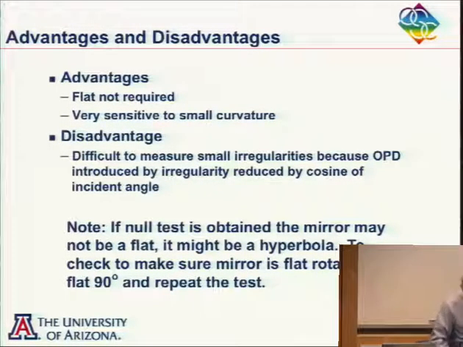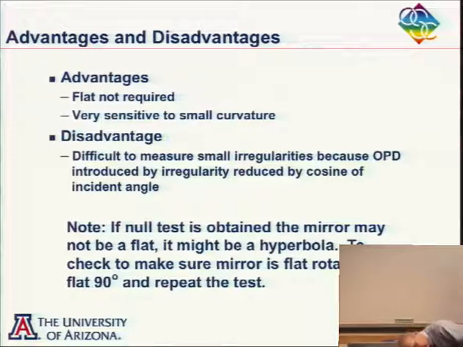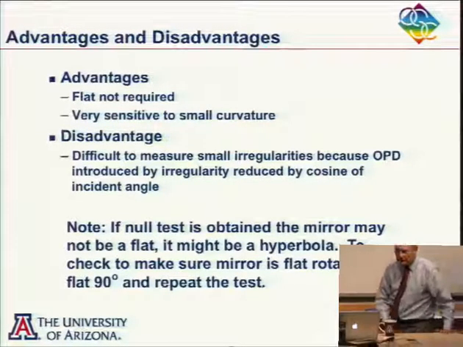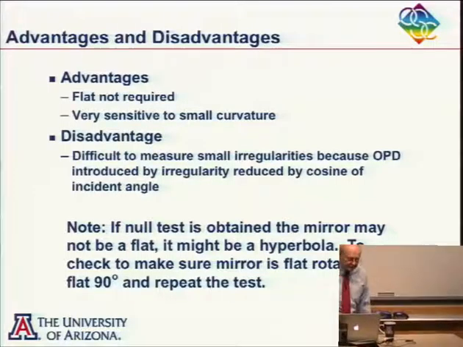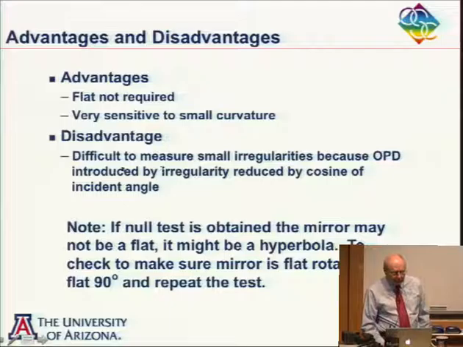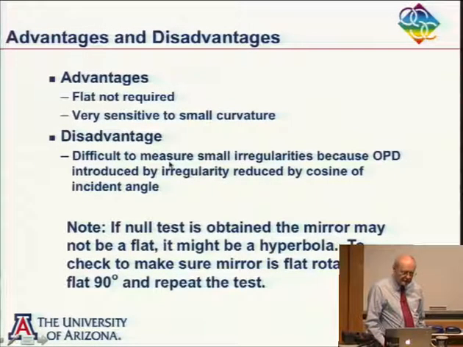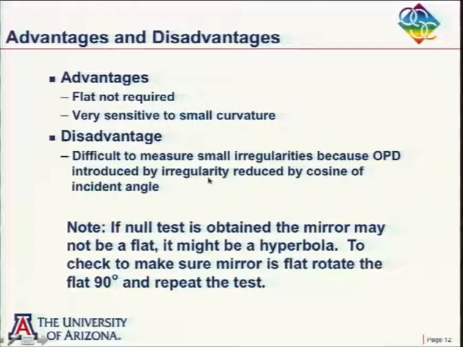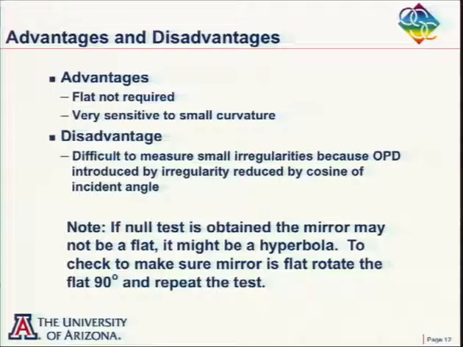If I look down here, that's a pretty rough surface. When I look at this at a large angle of incidence, that's a pretty smooth surface. It goes down as a cosine of the angle of incidence. And so it's difficult to measure small irregularities because the OPD is reduced by the cosine. Well, it's more difficult.